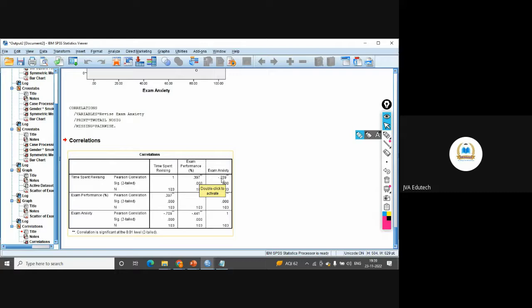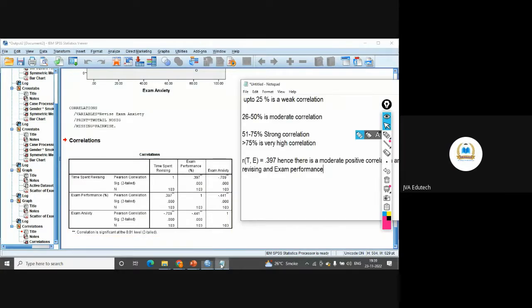Now see the relationship between time spent revising and anxiety. There is a negative correlation and a very strong correlation, isn't it? Yes, sir, 70%. 70.9%. So you can say R between time spent revising and anxiety is equal to minus 0.709.